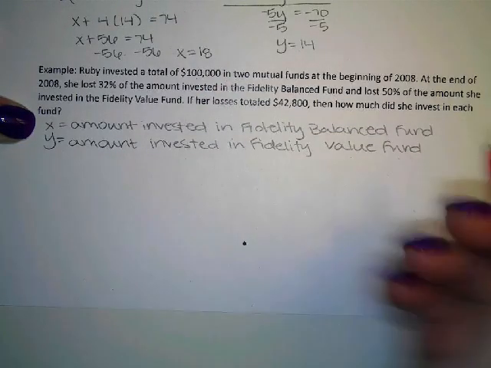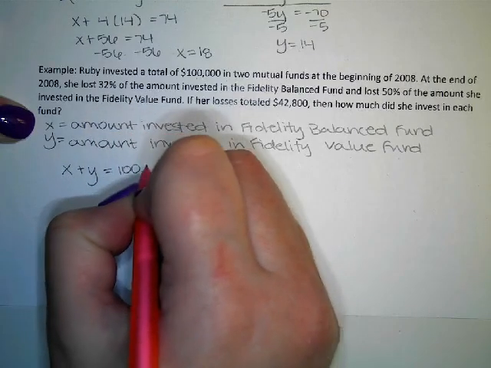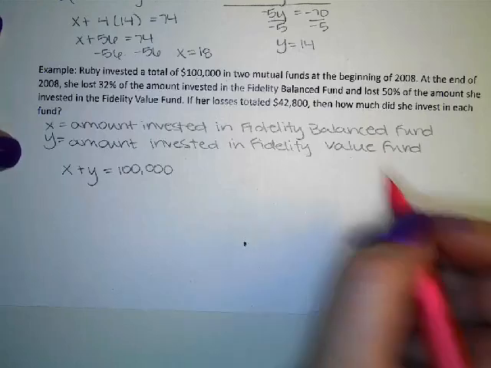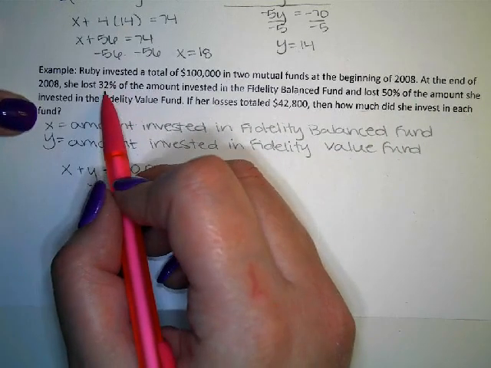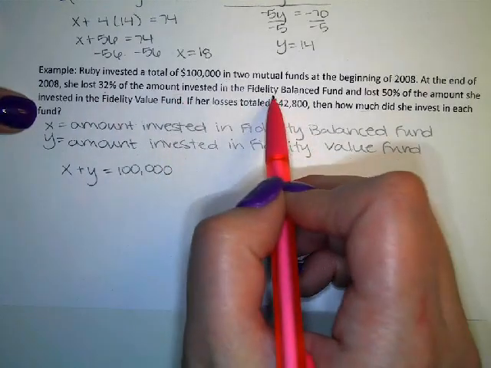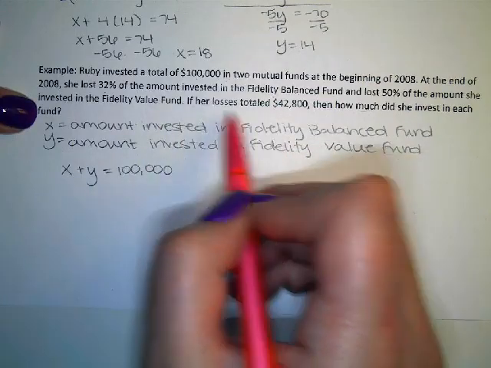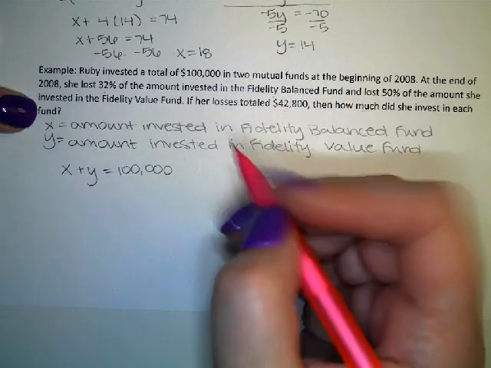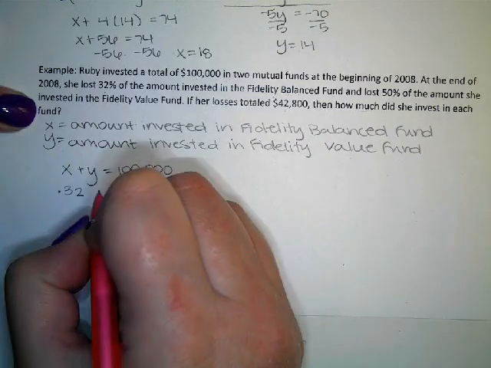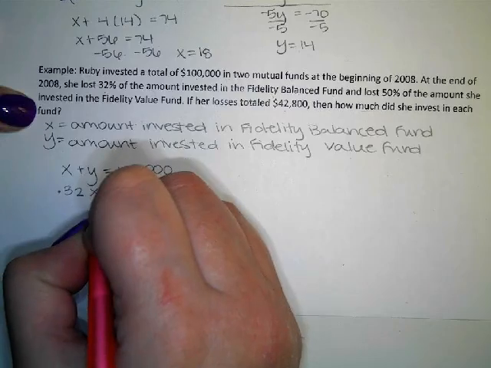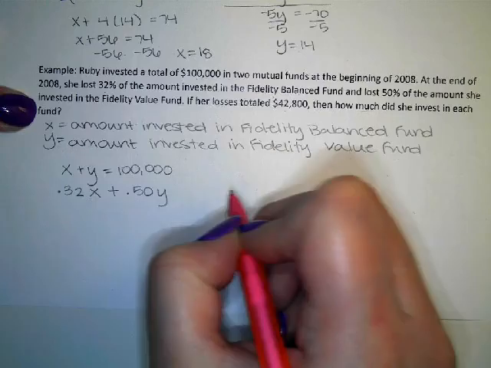Okay? The next one says she lost 32% of the amount invested in Fidelity Balanced and 50% of the amount she invested in the other one, and her losses were 42,800. So 32% of the amount invested in Fidelity Balanced Fund plus 50% of the amount invested in Fidelity Value Fund were lost, and the total number of losses was 42,800.